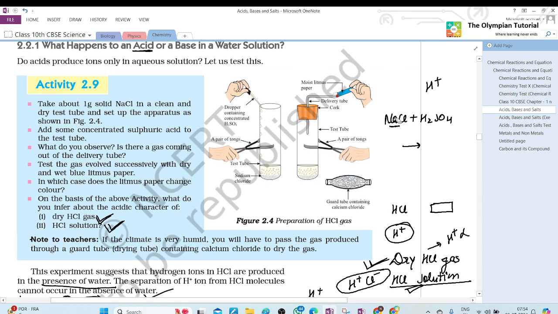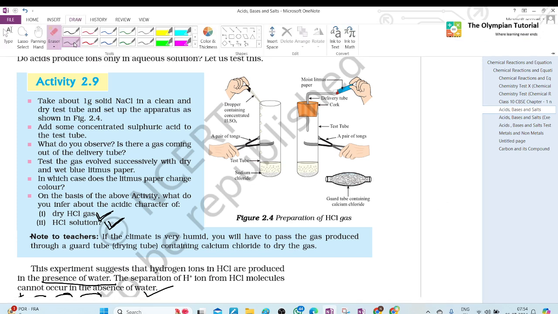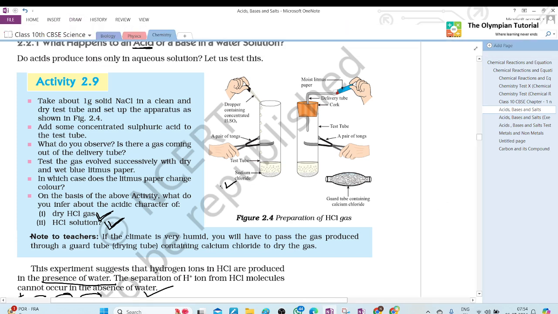The concept I told you, now I will come to the activity. In this activity, they have taken sodium chloride, NaCl, test tube, a pair of tongs and dropper containing concentrated H2SO4. After the reaction, there is a delivery tube, cork, guard tube containing calcium chloride. What is the role of this one?